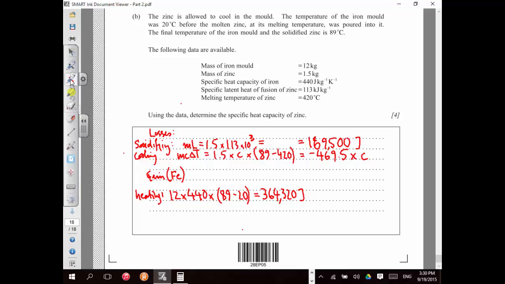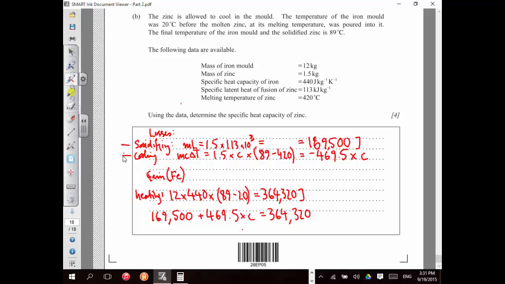So we've got 169,500 plus 469.5 times C is equal to 364,320. The reason I've got plus here is that I know that the two losses, both of these are losses. Both the solidifying and the cooling are losses. So regardless of what sign I ended up with there, I know that they're both losses in energy. And I know that those losses have to add up to the total gain of the iron, which is 364,320.